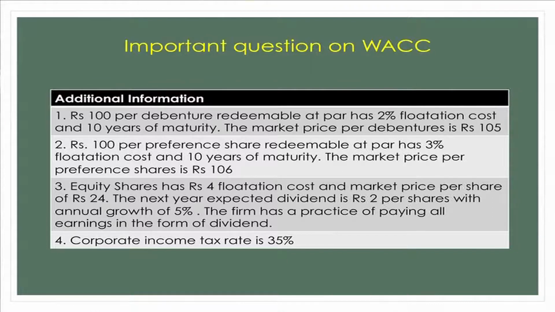The market price per preference share is 106. Equity share has rupees 4 flotation cost, market price per share is 24. The next year's expected dividend is rupees 2 with an annual growth rate of 5%. The firm has the practice of paying all earnings in the form of dividend. Corporate tax rate is 35%.